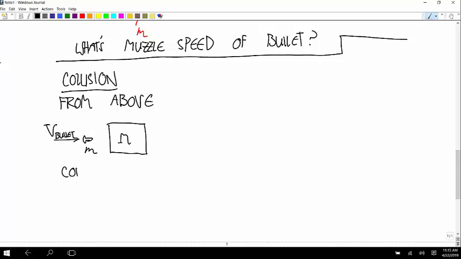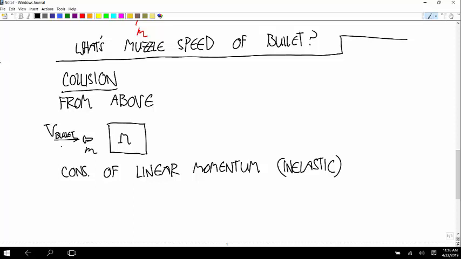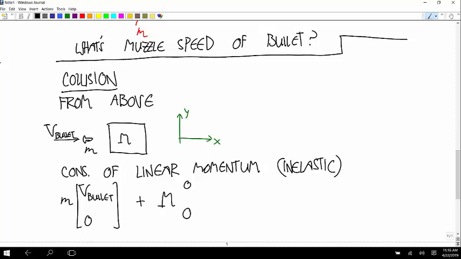So conservation of linear momentum for an inelastic or a plastic collision says the momentum of the bullet, if I'm going to use a coordinate system like this, the momentum of the bullet is little m times v bullet in the x direction, 0 in the y direction, plus the mass of the hanging mass, big M, and it's not moving before the collision.